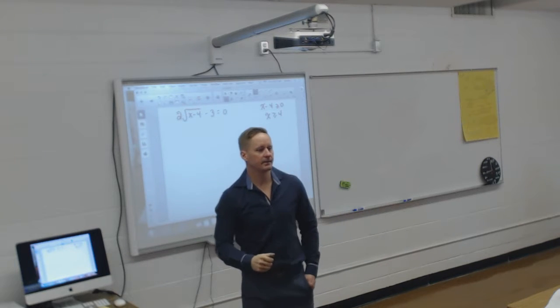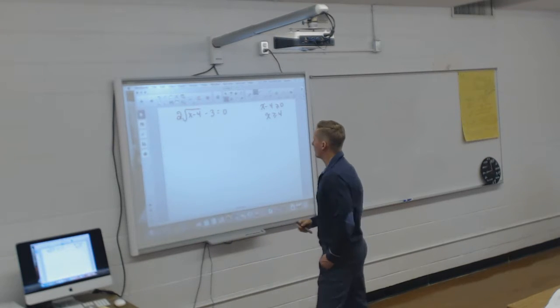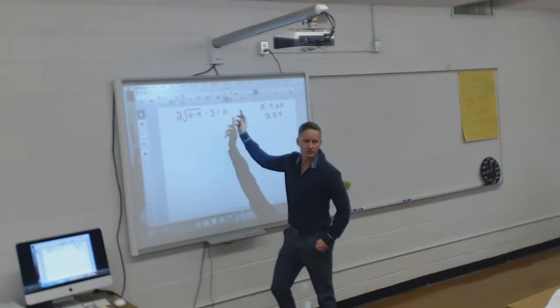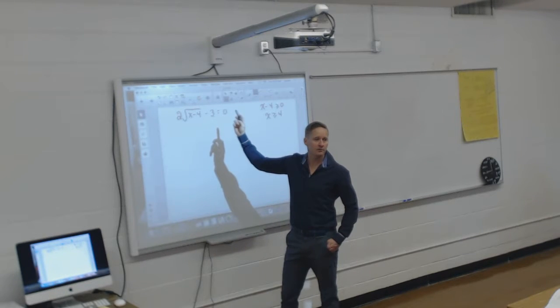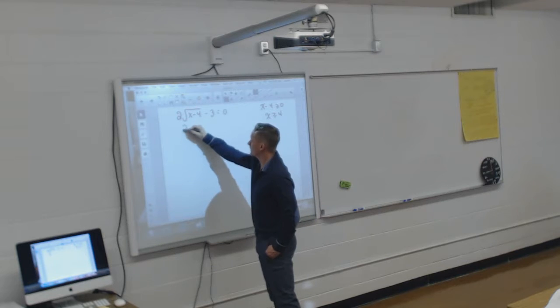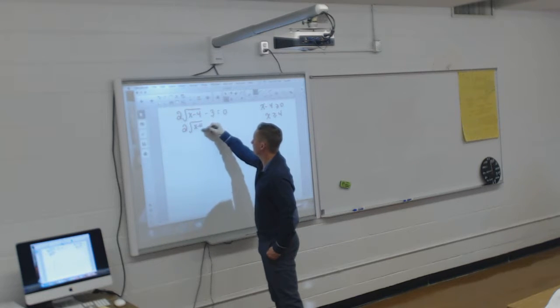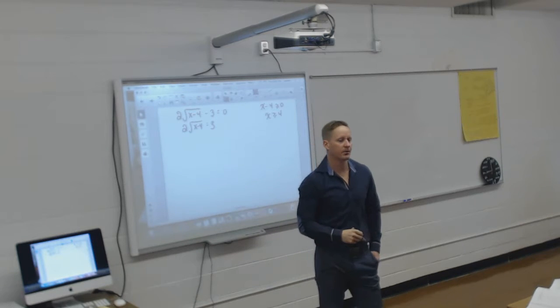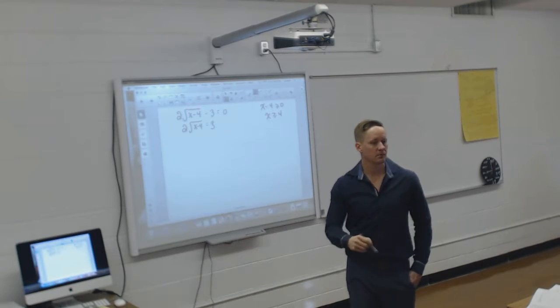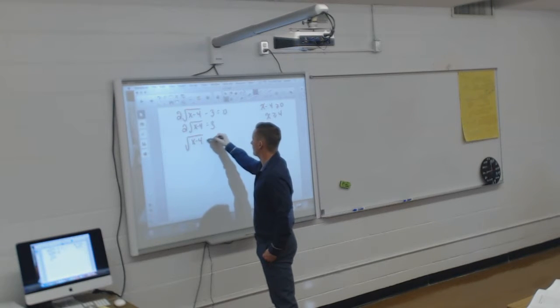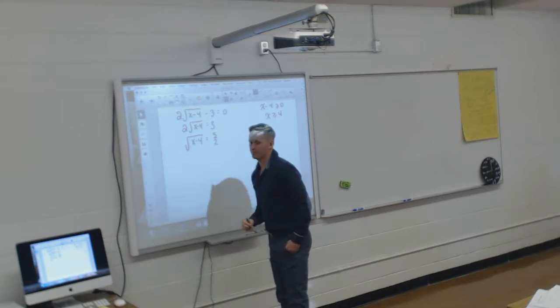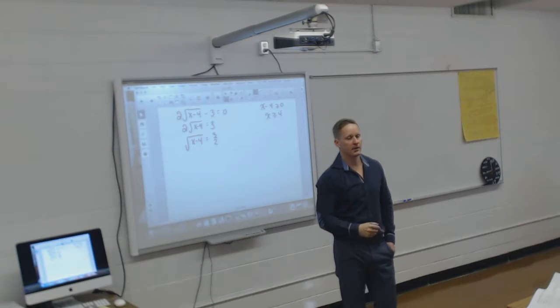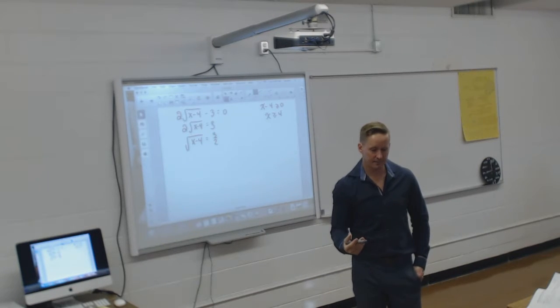Now we're going to isolate again. So I'm going to take the 3 over. Okay, so I've got 2 times the square root. Now some people would square this at this point, but I would probably divide by 2. So I'm going to get square root of x minus 4 is equal to 3 over 2. Now we're just dealing with fractions, correct?